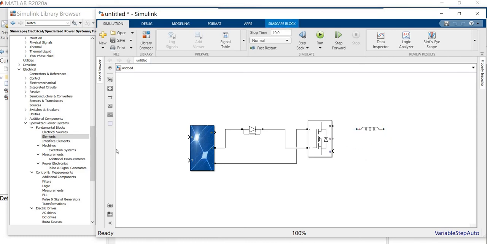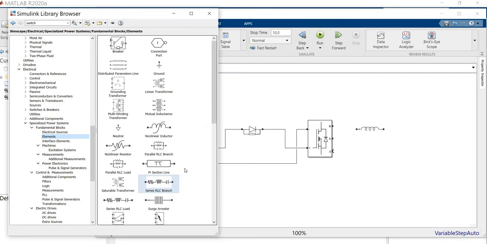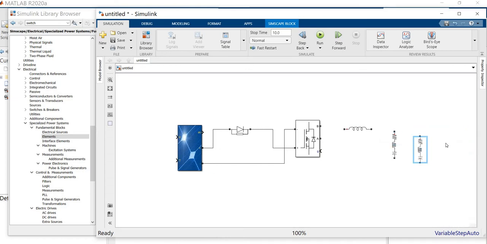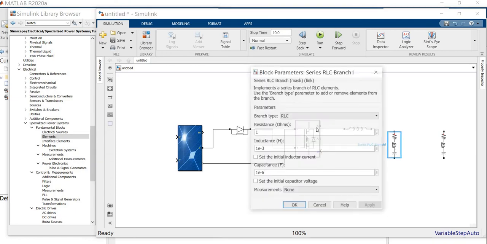Again I need an element for the capacitor, the RLC series branch. This branch is rotated by pressing the Control R button. Again I right click and drag to get another module. Next, double click.